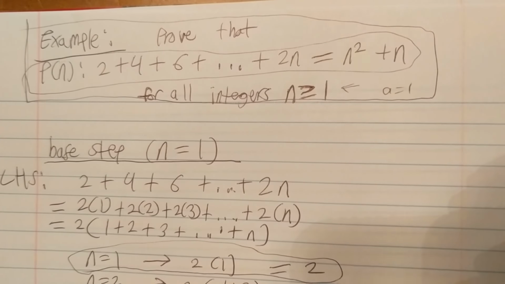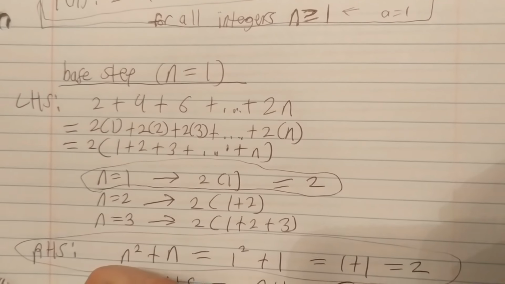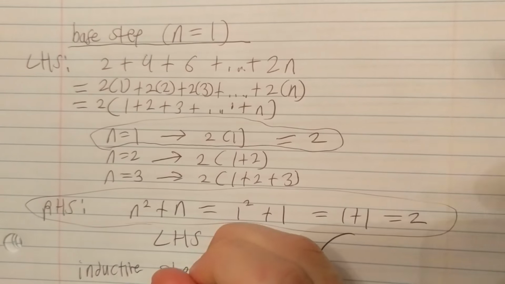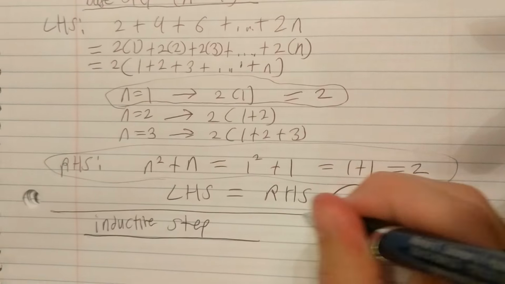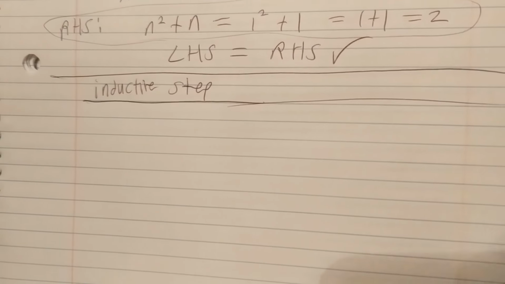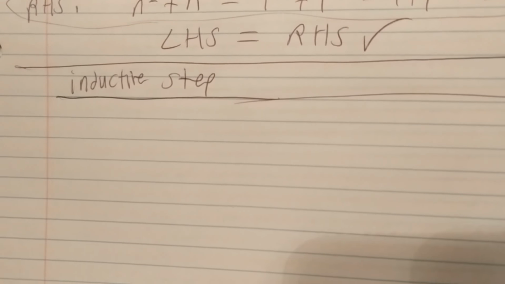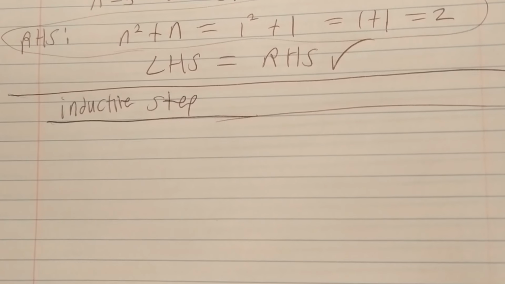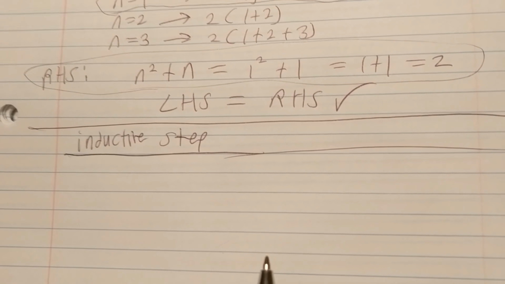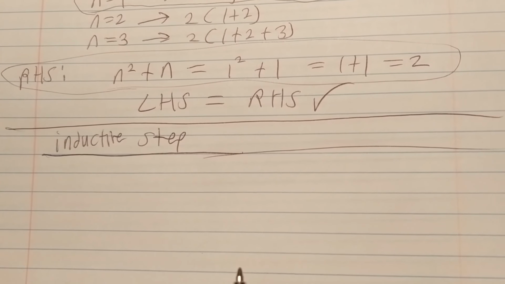So now we're up to the tricky part, the inductive step. In the inductive step, we want to prove that given an arbitrary integer k, if our property is true for k, then it's also true for k plus 1.